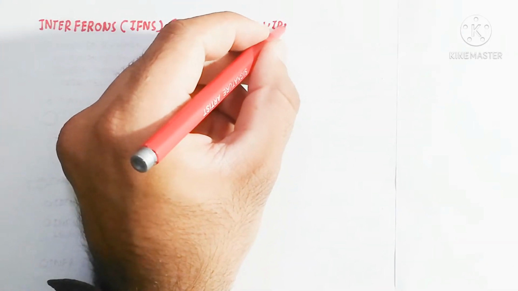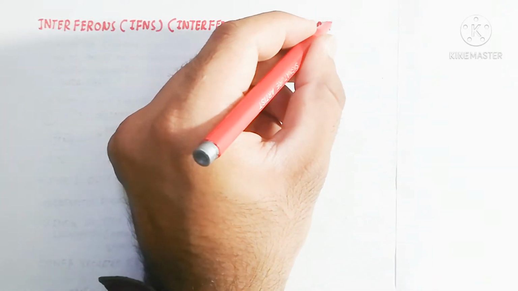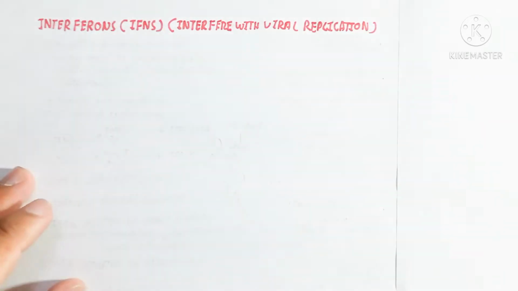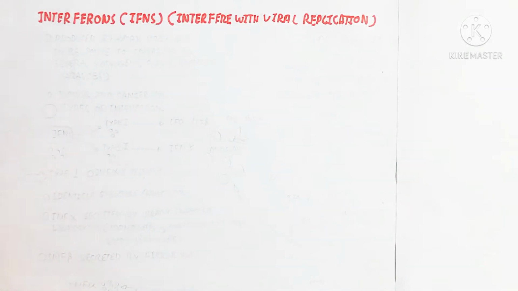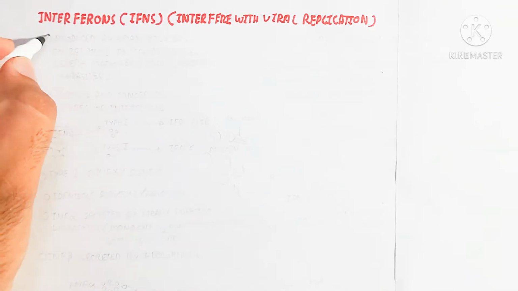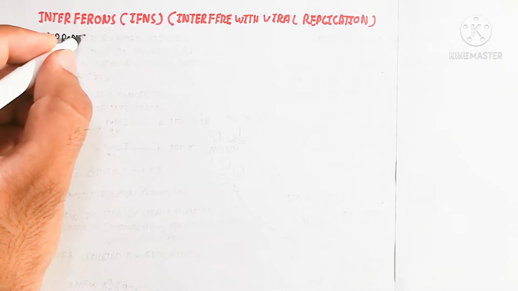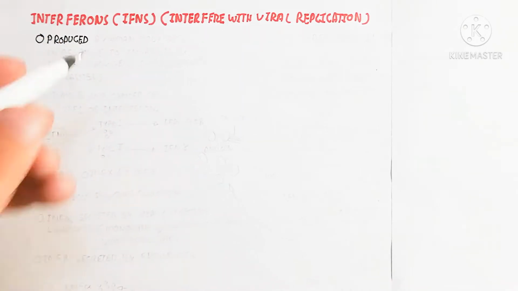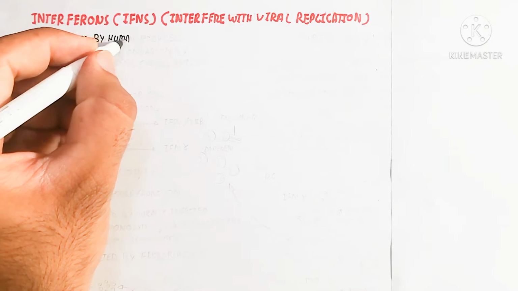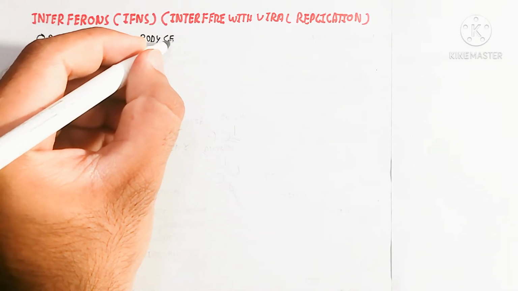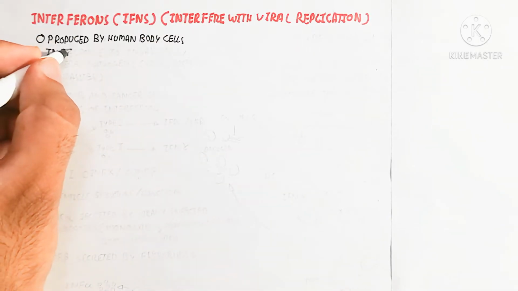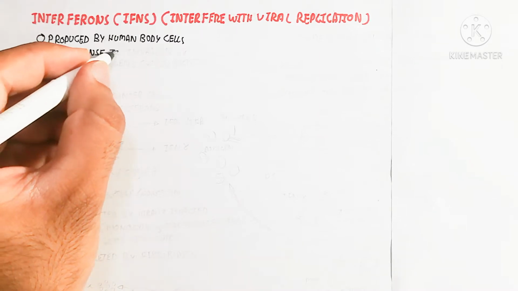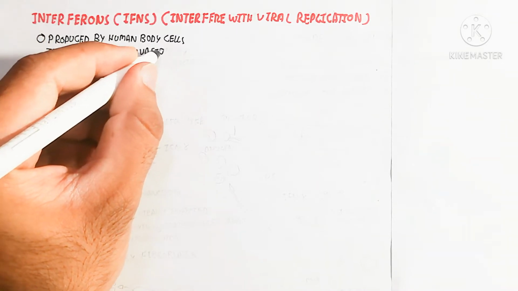When a virus replicates in the cells of the human body or of some animal, anything that inhibits and interferes with viral replication is known as an interferon. That is why its name is interferon.